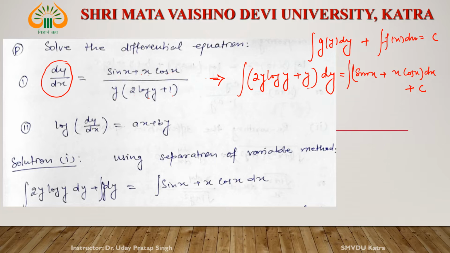After integrating it, you add a constant of integration. Whenever you apply an integral, you add a constant of integration. So the integral of (2y log y plus y) dy equals the integral of sin x cos x dx plus constant of integration.